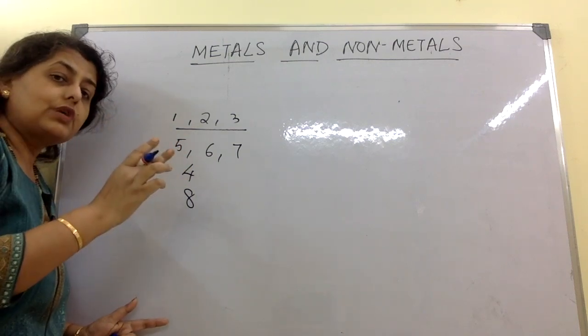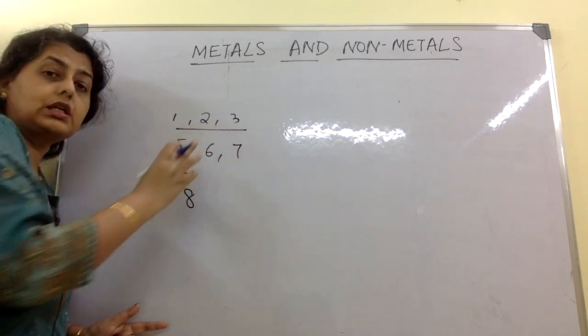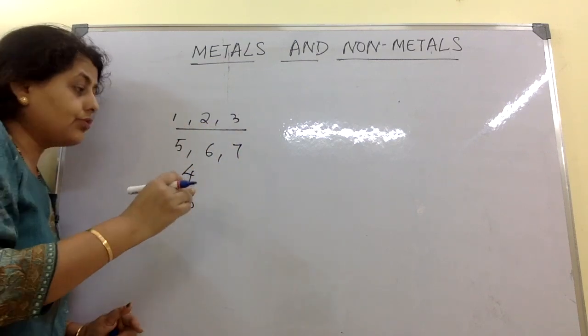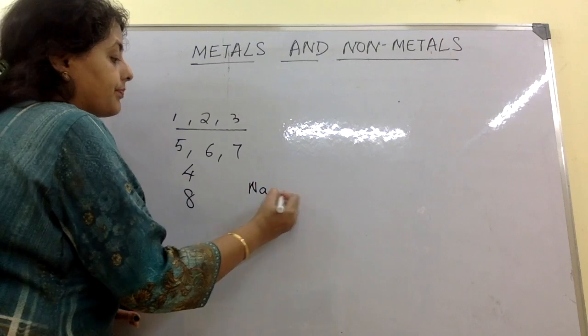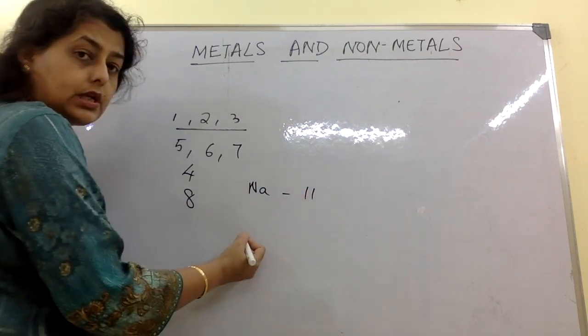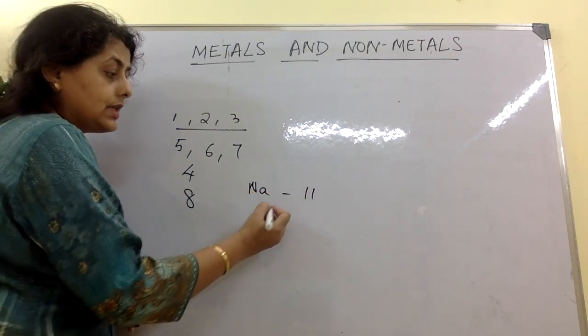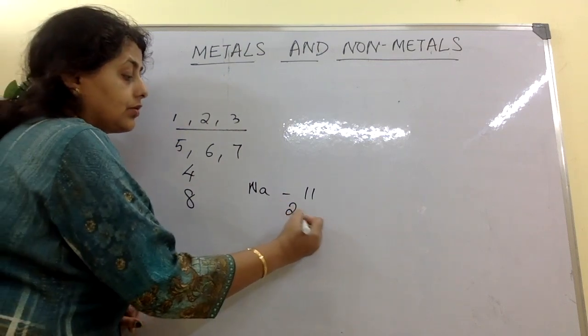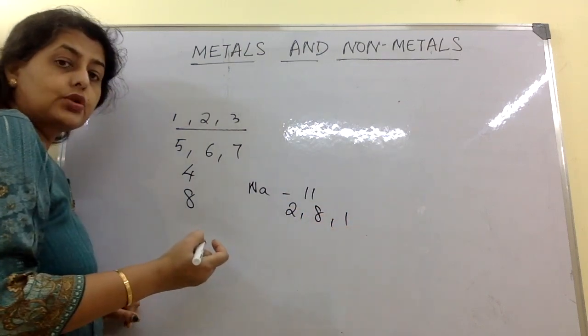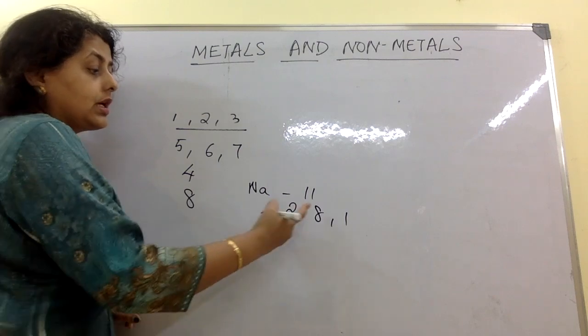Metals are the ones which have either 1, 2 or 3 in the outermost orbit. Take the example of sodium, which has 11 electrons, so the electronic configuration is 2, 8, 1.